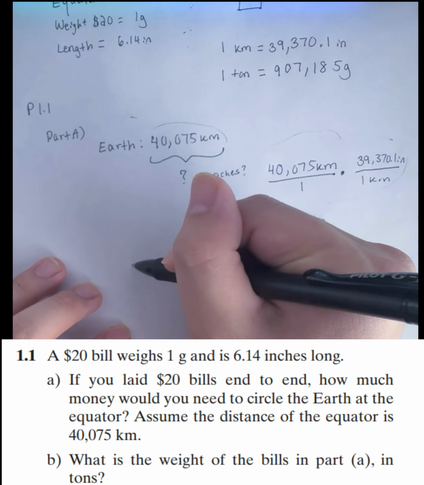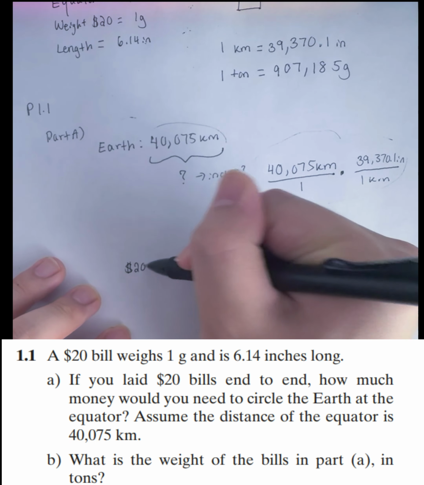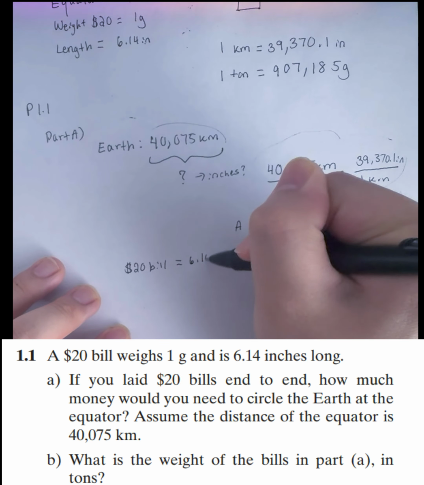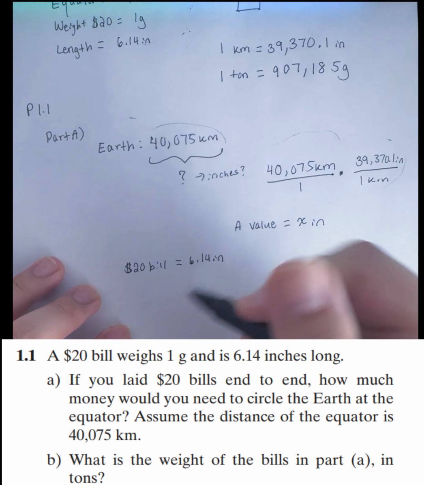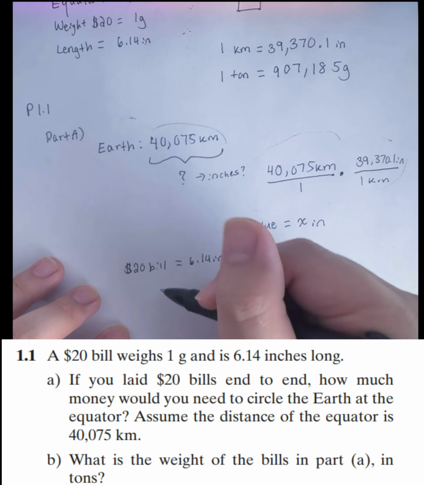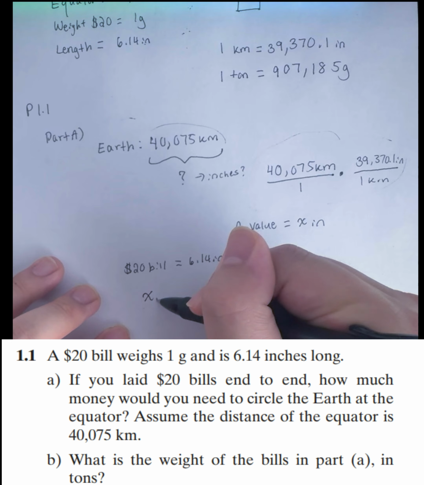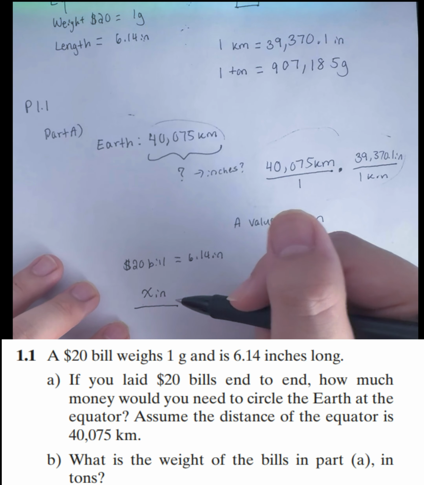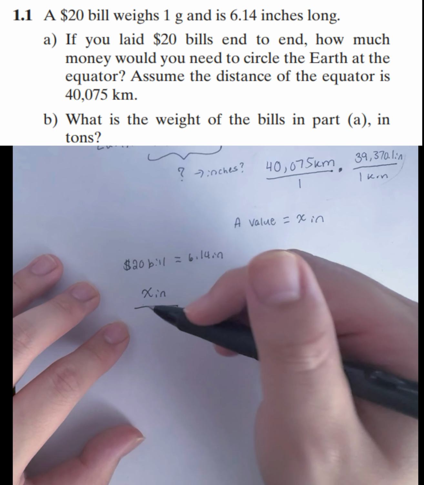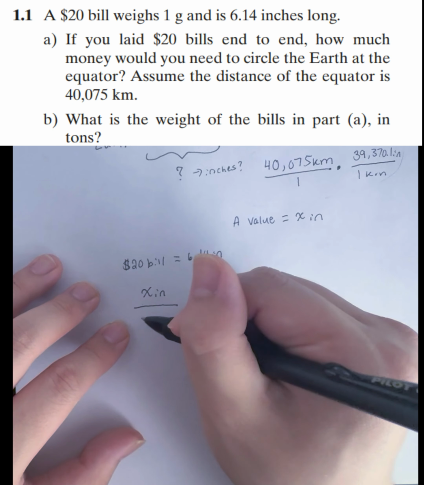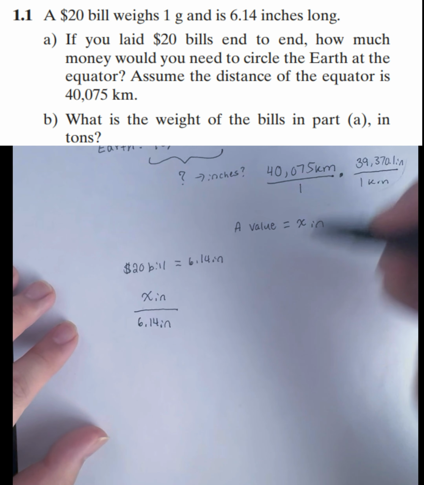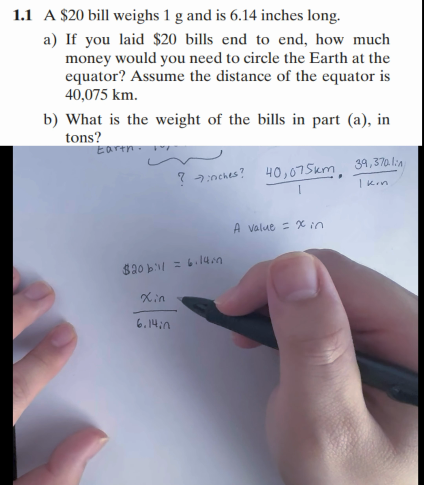So now we know a $20 bill, as given in the question, is 6.14 inches, right? We have a total of x inches, and we want to find how many dollar bills there are in x inches. So we divide by the length of each dollar bill, laying flat like this.